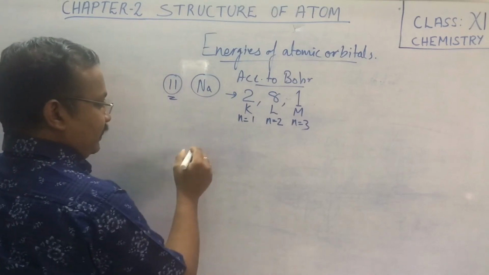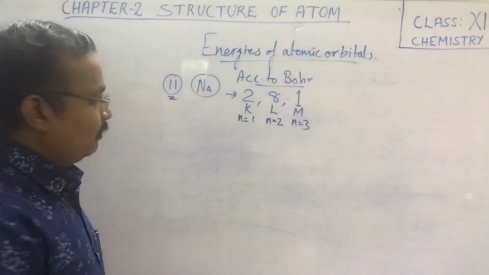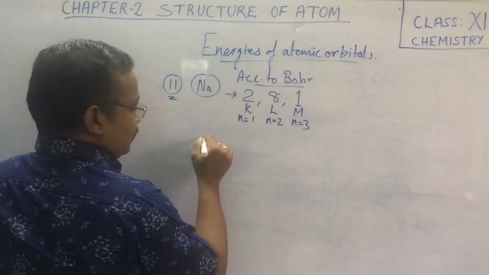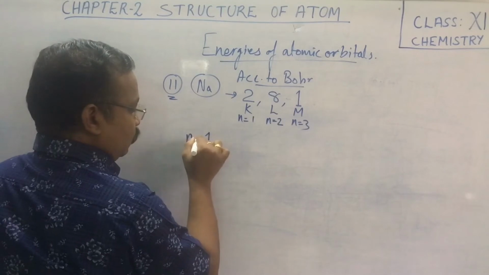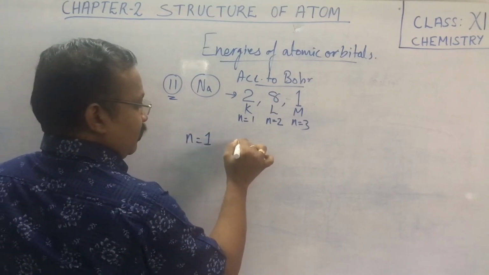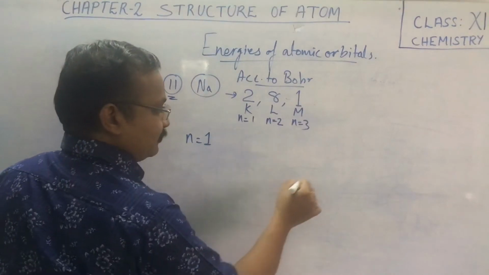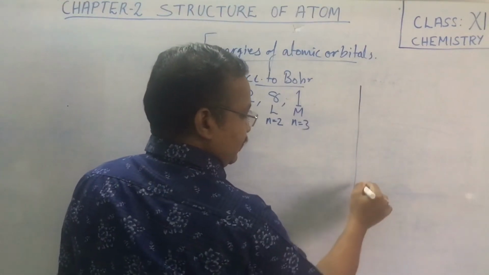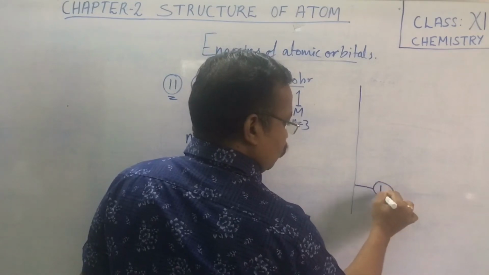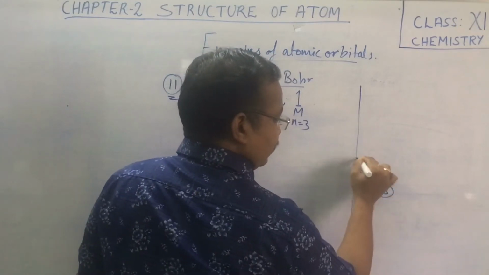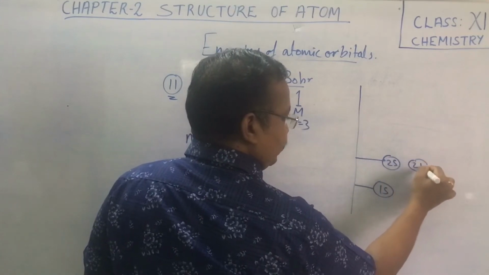Okay, now when you write in terms of the quantum mechanical model, the first energy level, n equal to 1, we can represent here as the s orbital, that is 1s orbital, then we have 2s orbital, then we have 2p also.